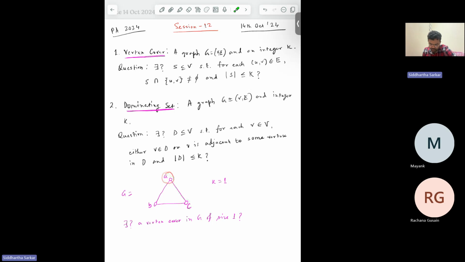By definition of dominating set, every vertex is either in D, in our case D is the single vertex set A, or is adjacent to some vertex in D. That is true for each of the vertices, and therefore taking A alone forms a dominating set. So we can conclude that yes, A is a dominating set.